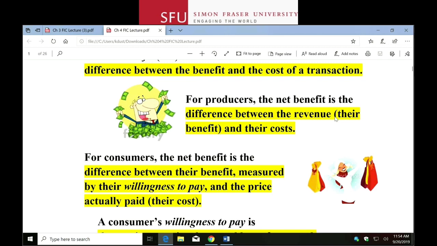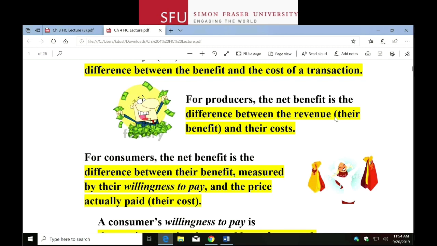So again, this is kind of an abstract concept though, because when you are in the store, you're thinking about your willingness to pay, but usually you're not coming up with an exact number. You're not coming up with the fact that you're willing to pay $101.92, right? You're not going to do that calculation in your head, but in an abstract way, you are kind of doing that because you're going to decide whether or not to buy the shoes.